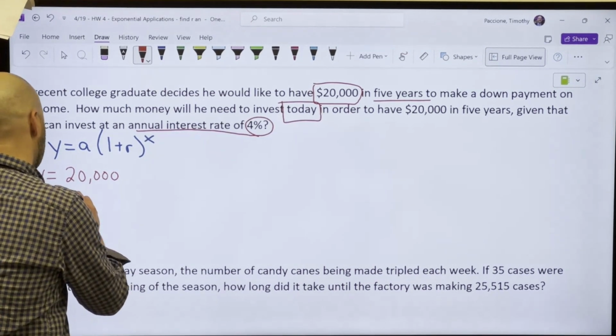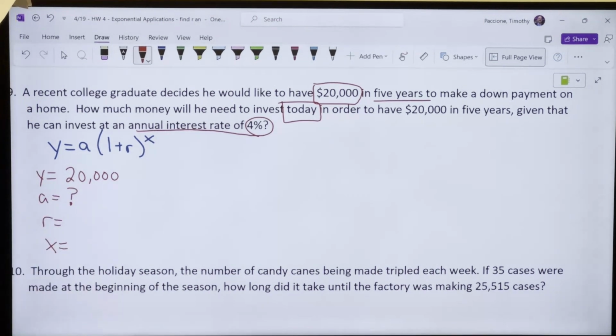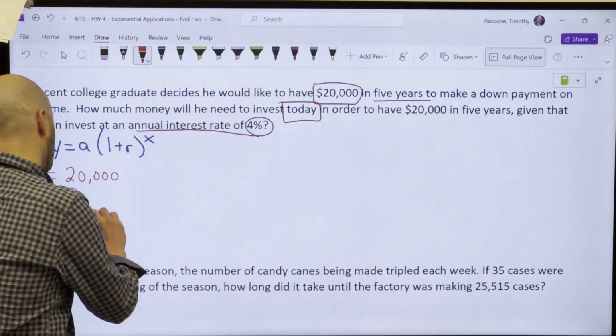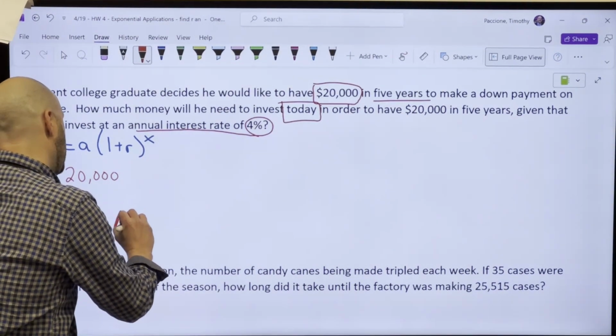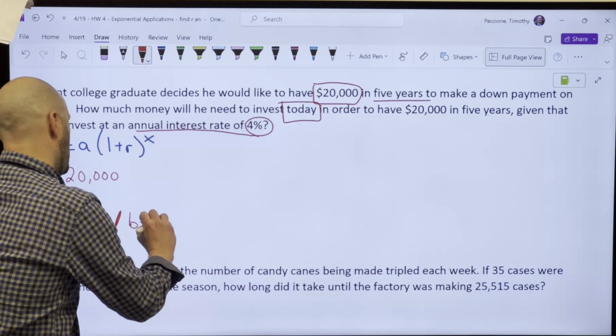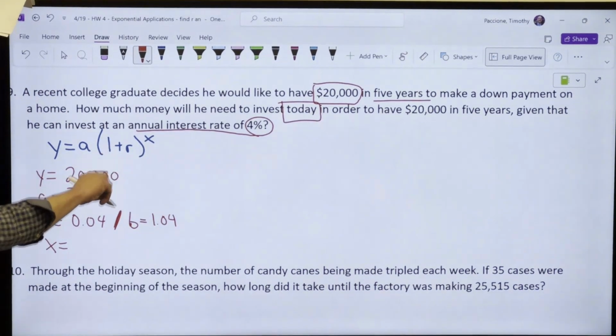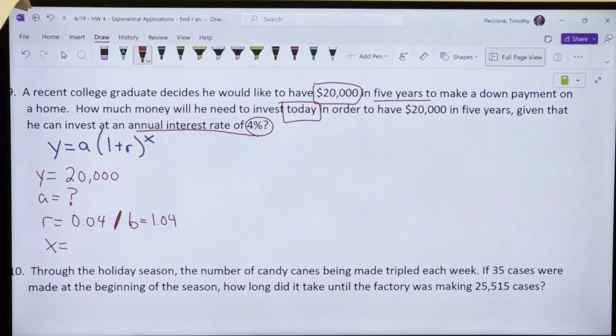R is the percentage rate that this thing will increase. R is just 0.04, which means our B is 1.04, so you could jump right to your B. And then your x is your time, and it said 5 years.